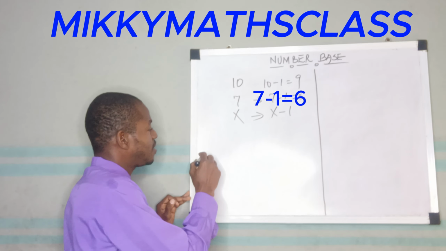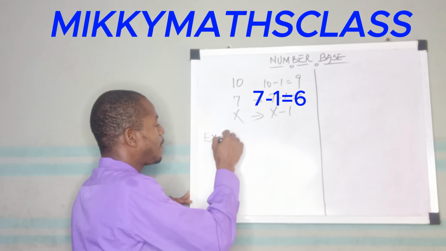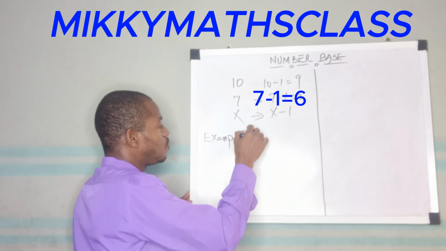Writing numbers in expanded form. For example, let's take example 1. This expanded form will allow us to understand the number-based system properly. Write this number 5431.231 in expanded form.